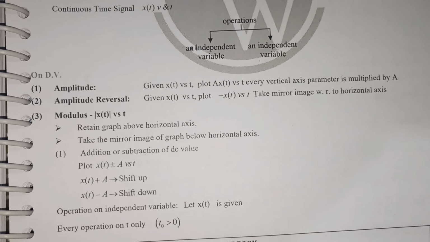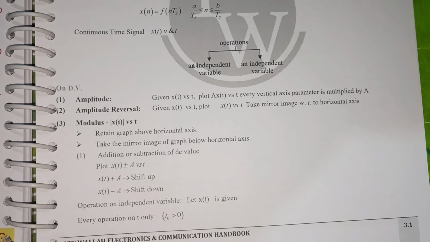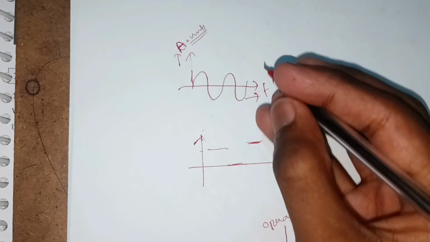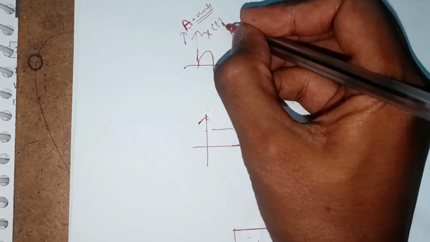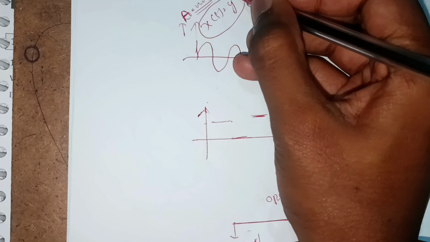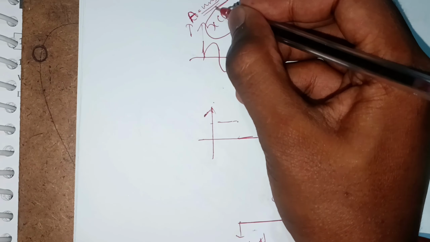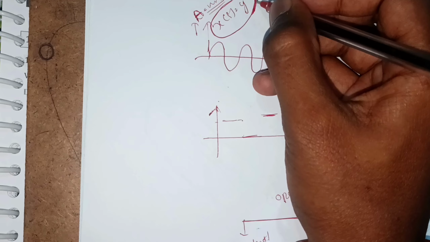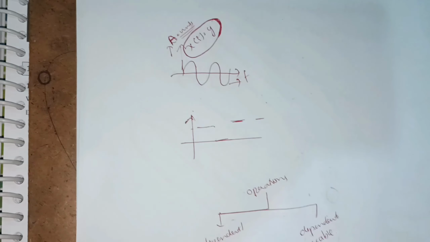So here x of t is plotted on the y-axis. Y equal to x of t. This is the time function.